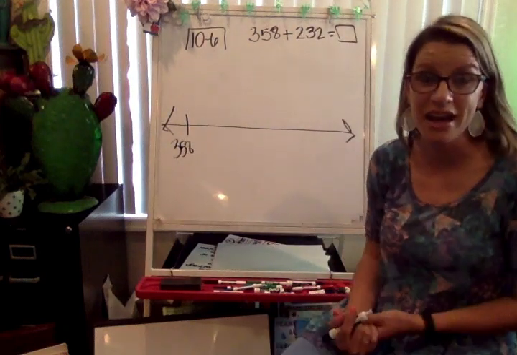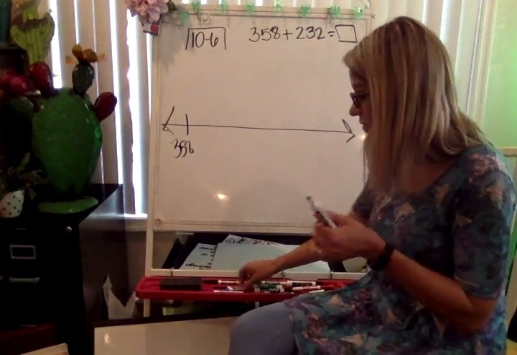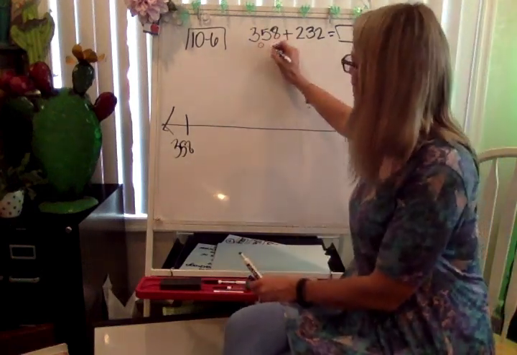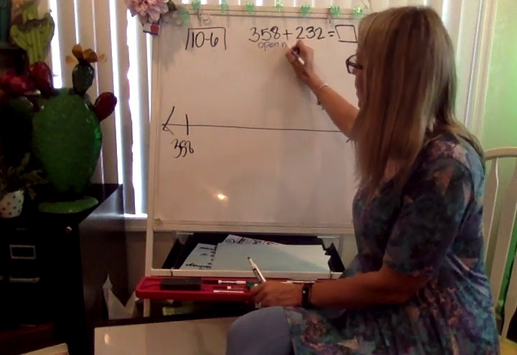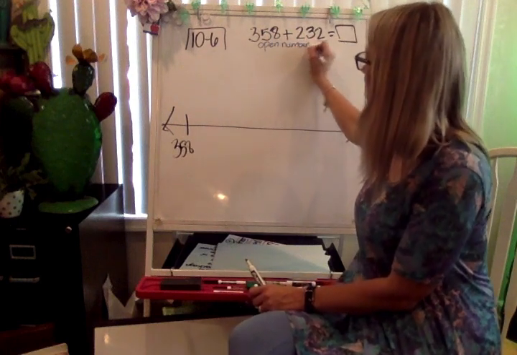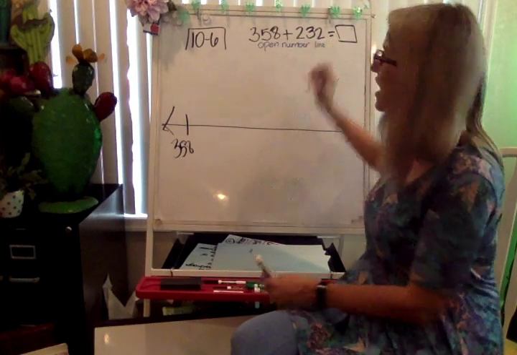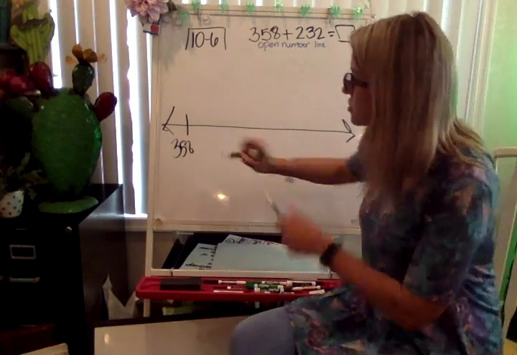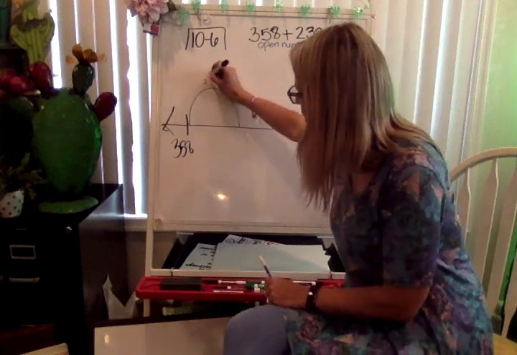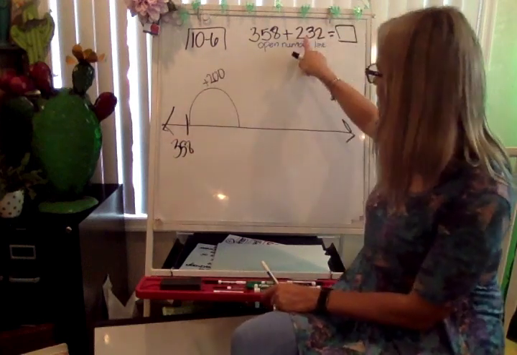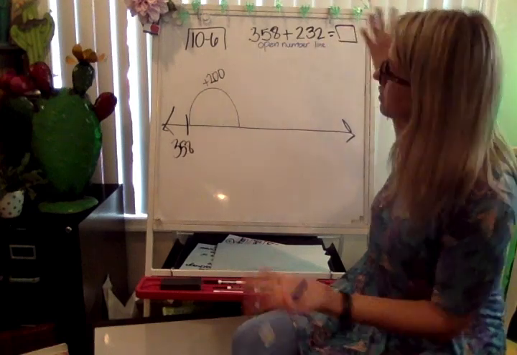Because I'm really good at doing open number lines, like you should be as well, I'm going to add 200 immediately. You are getting really good at this, and so you should be able to add that 200 immediately as well. So here we are, 358. I'm adding 200. Next, I'm going to add the 30, and then I'll add the 2.